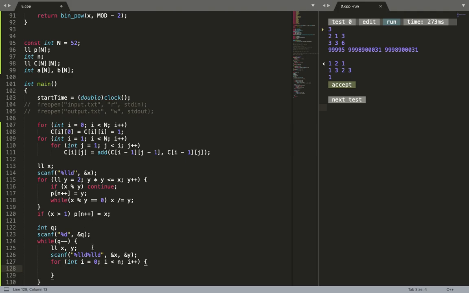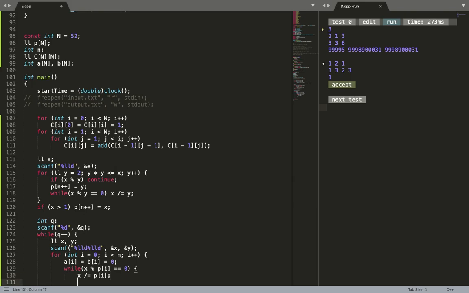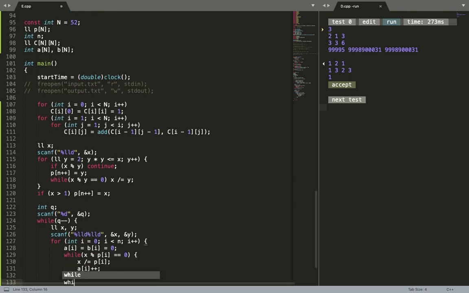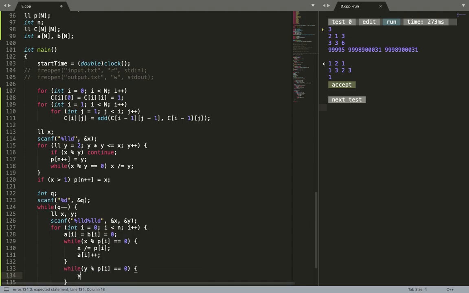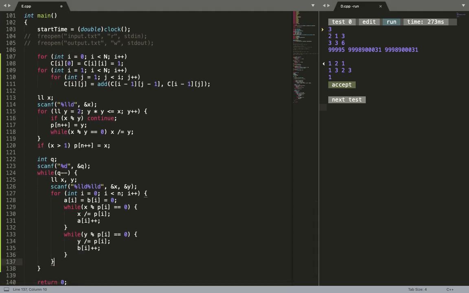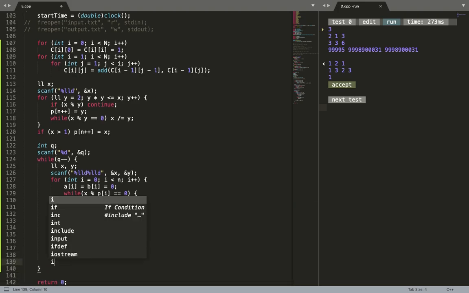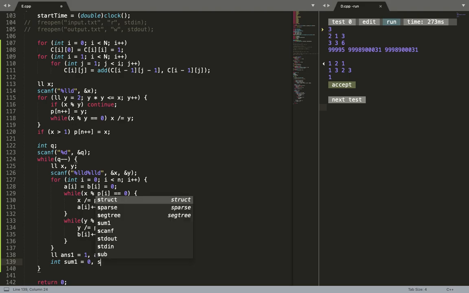I will find powers for x and y. So now I want to calculate multinomial coefficients.